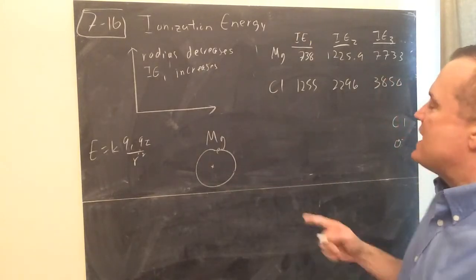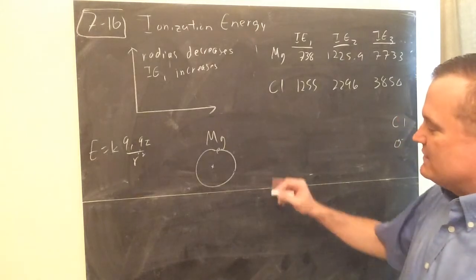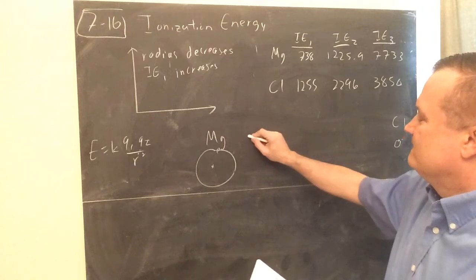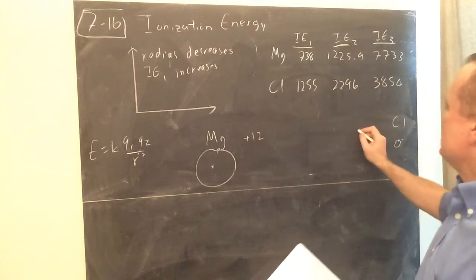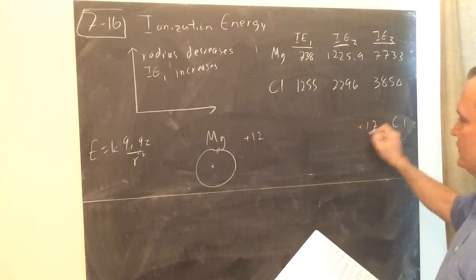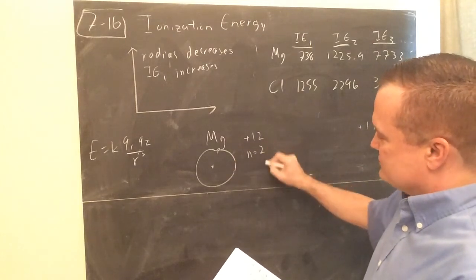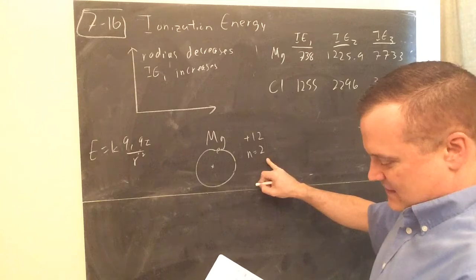Magnesium and chlorine. Which one has a higher first ionization? Well, first you'd say magnesium has a nuclear charge of positive 12. Chlorine is a positive 17 nucleus. The outermost electron for magnesium is at the n equals 3 level. It's 3s2.